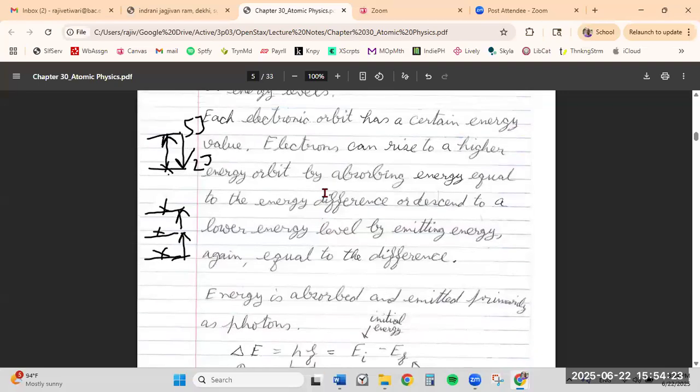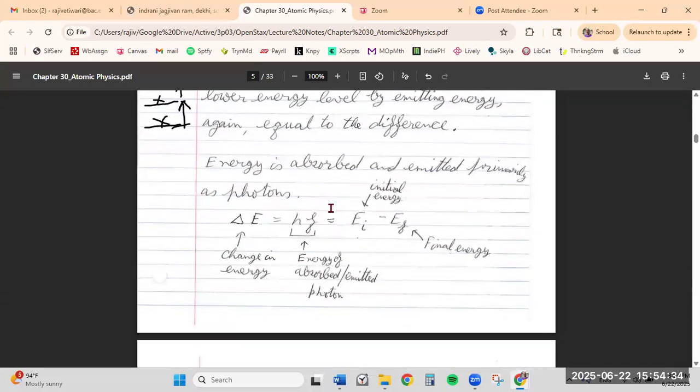So for example, going back to this, if 3 joules of energy is absorbed by a hydrogen atom to go from here to here, then you can calculate the frequency of the photon that must be absorbed. You just set this equal to 3 and then figure out what f is.